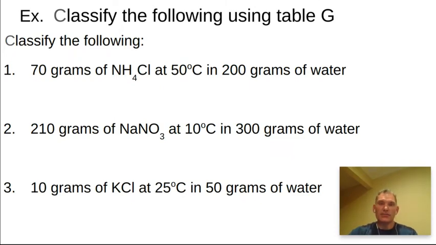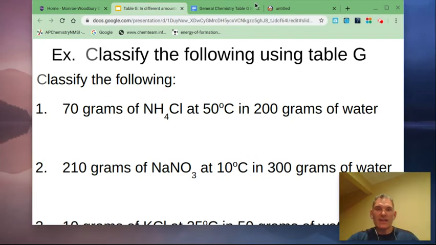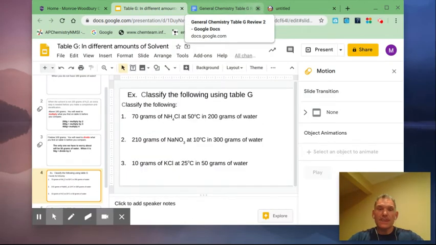We're going to use Table G, as we always do, but we're going to classify the following, noting the different amounts of solvent for each piece. So if we do that, we're going to need Table G, and we're going to be careful of how we're looking things up. Take a look at this first one here.